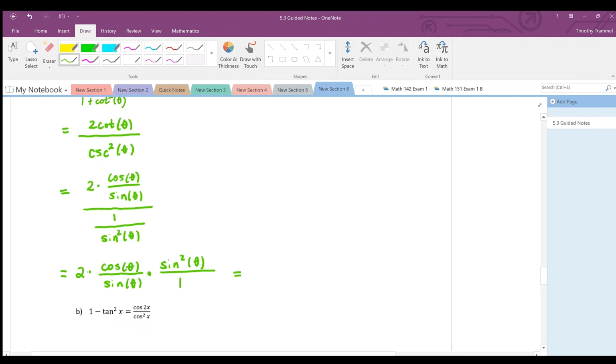So now note, we'll have a 2, we'll have a cosine of theta, and we have sine squared theta over sine of theta. Well, if you simplify that, that's just a single sine of theta. And this right here should look familiar. This is something that we could use one of the double angle formulas for.